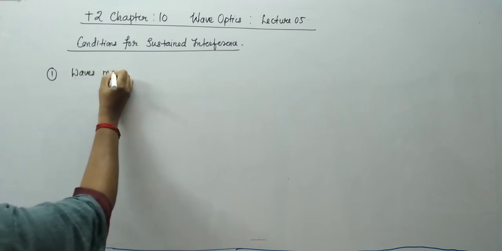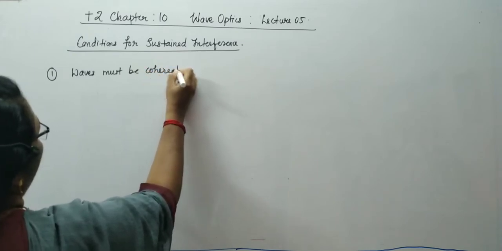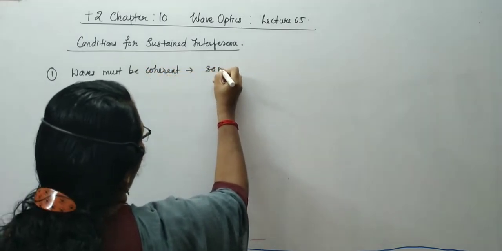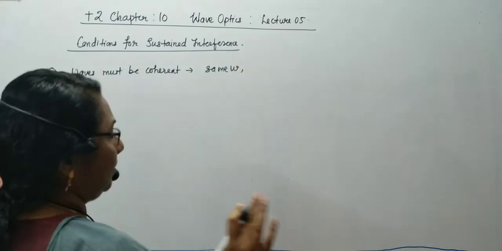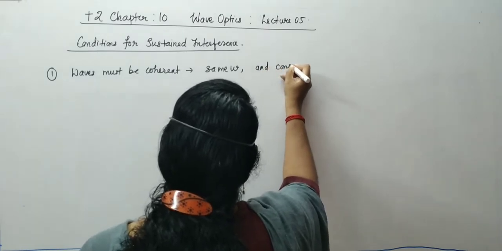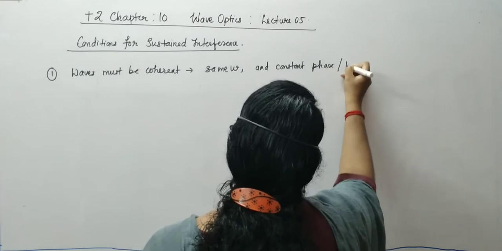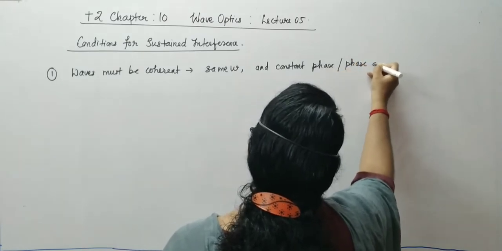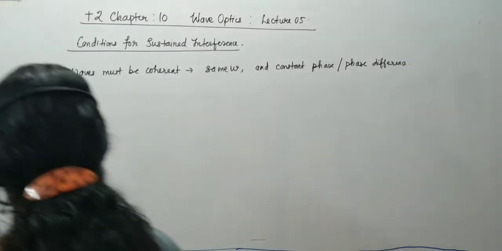What are coherent waves? Waves having the same omega, angular frequency, as we have discussed in detail in the previous lectures, and a constant phase or phase difference. Such waves are called coherent waves.